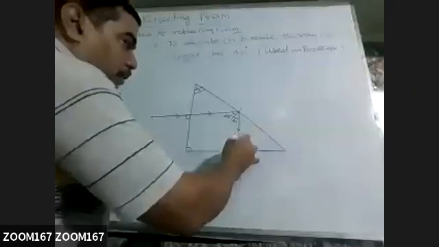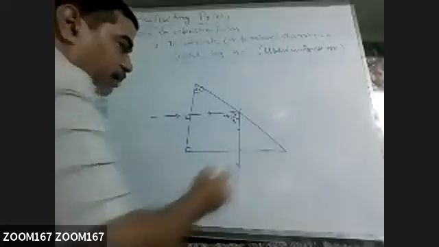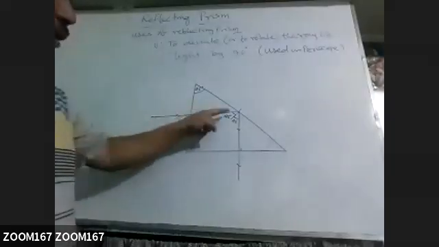And at this place it will become 90 degrees, so it will be undeviated. The ray was going in this direction and it is turned by an angle of 90 degrees.